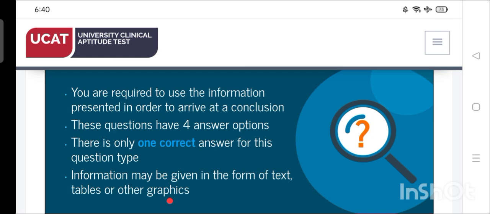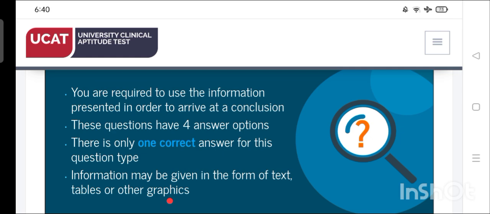In the syllogism type, the information will be only in the form of sentences or a passage. But in logical puzzles, the information provided to you could be in the form of text, tables, or any other graphics, that is charts or diagrams.